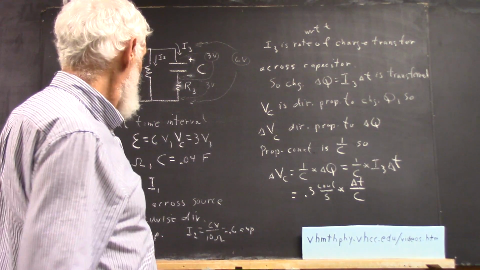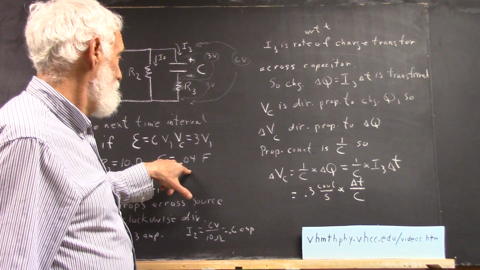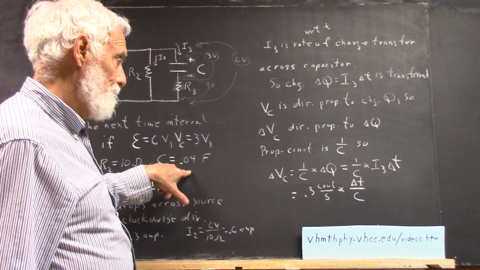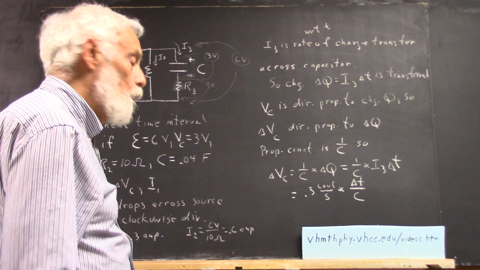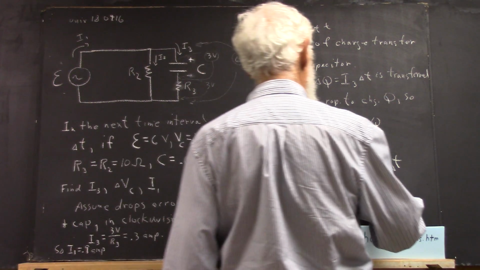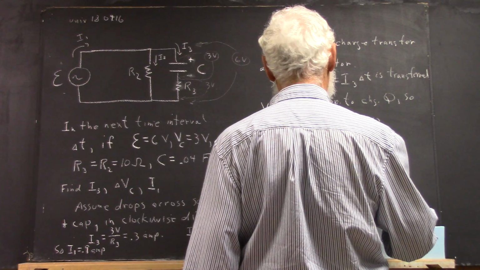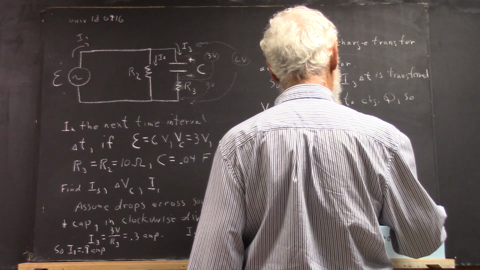And now we've got a 0.04 farad capacitor. And of course, when we divide 0.3 by 0.04, we get 7.5. No, we don't. It's 0.75.